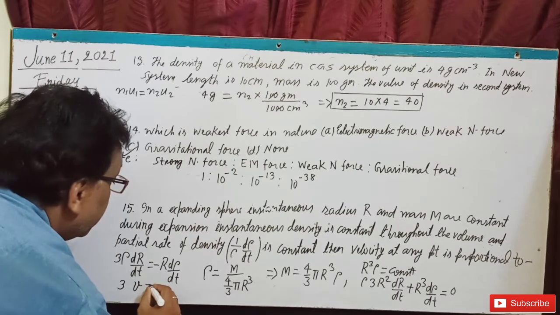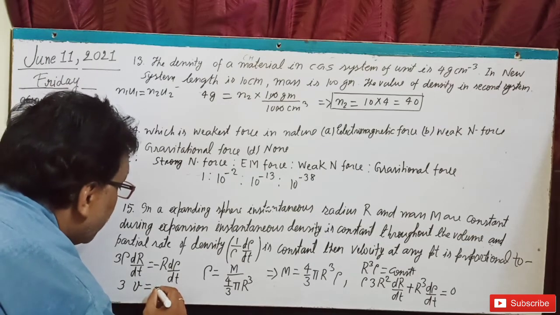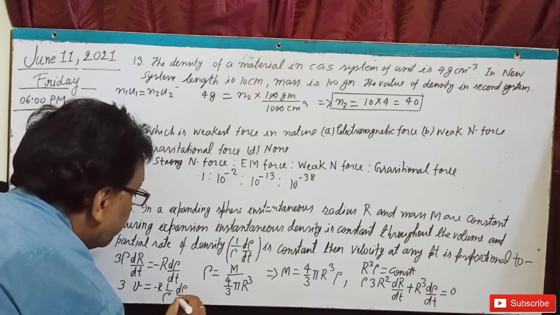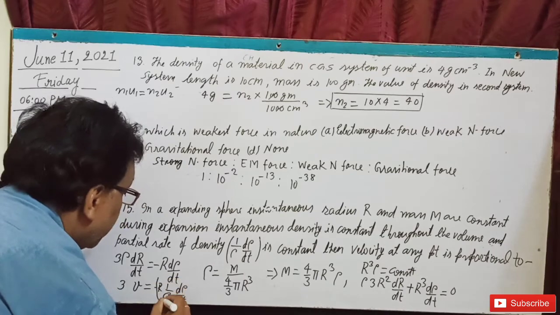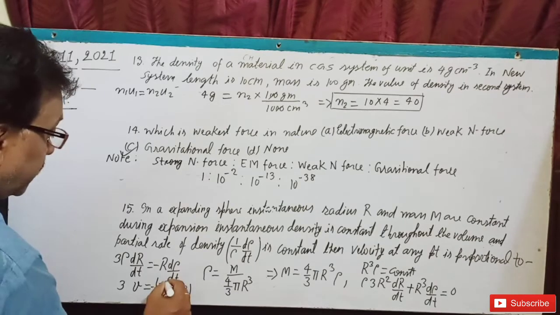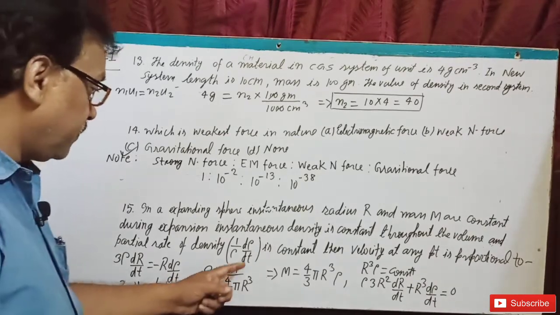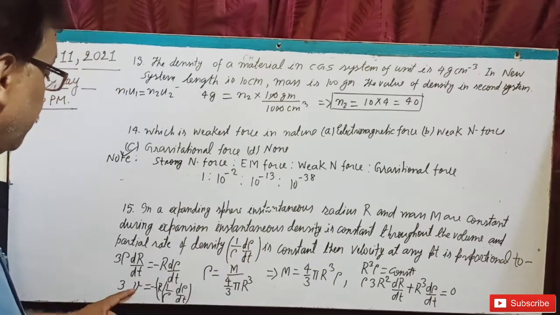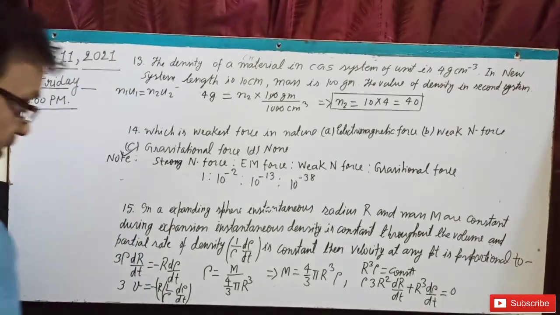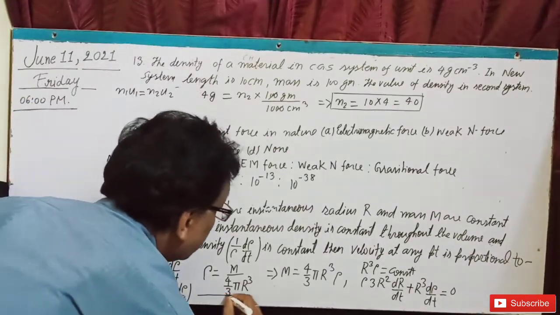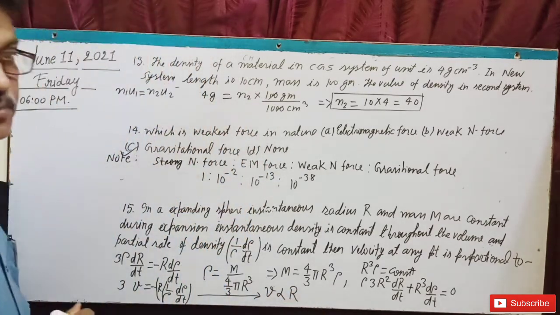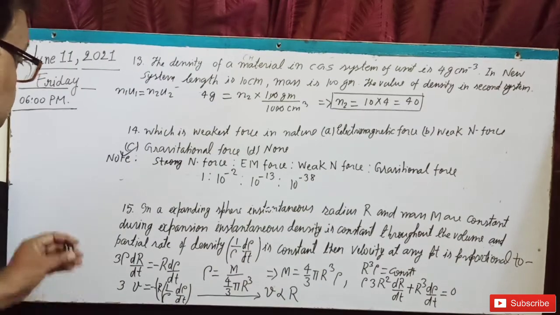Velocity is equal to minus r times 1 upon rho d rho by dt, which is constant here. So velocity only depends on the radius. We can say that velocity is proportional to radius. It is the answer of this question.